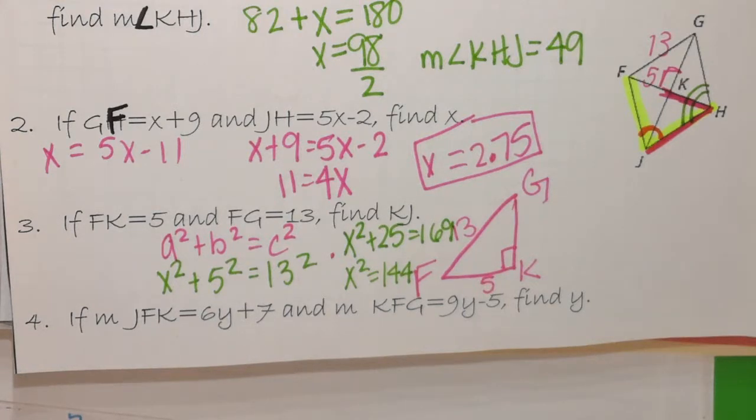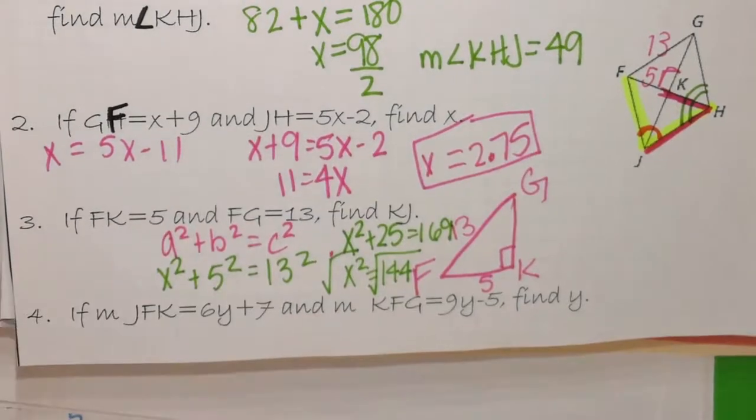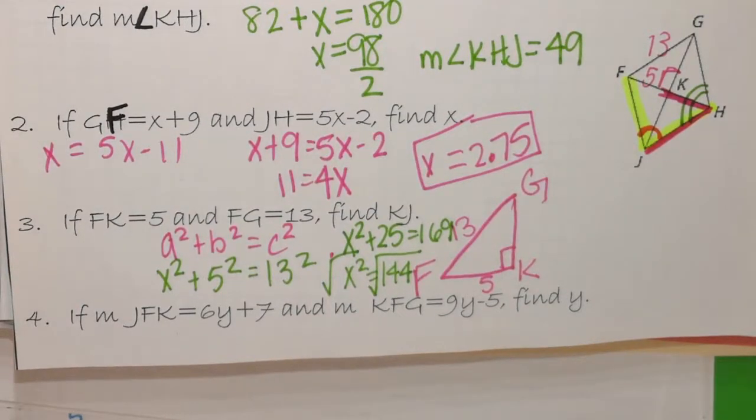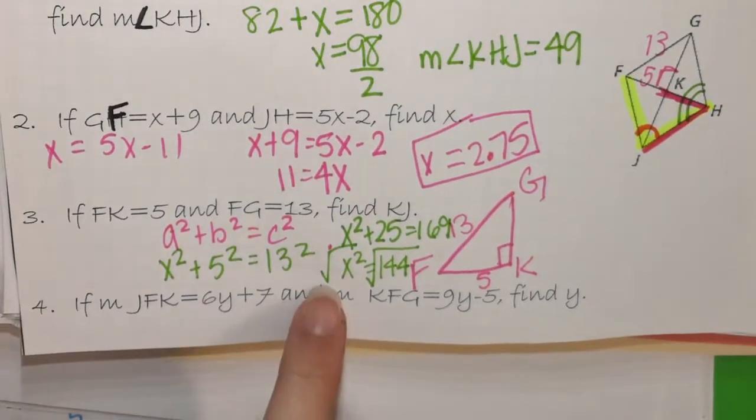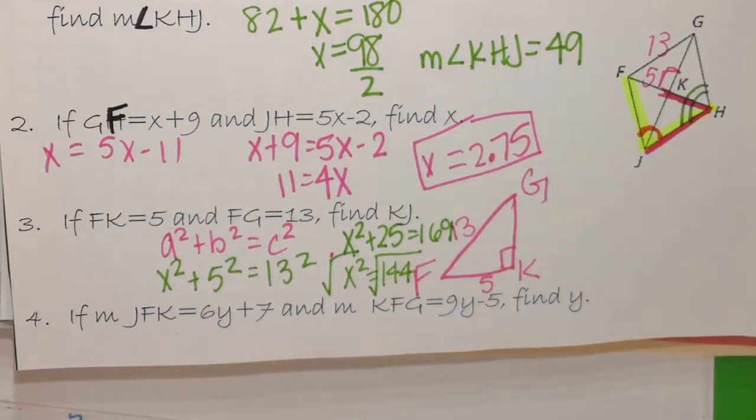How do you get rid of a squared? Square root. Take a point. If you don't know what the square root button looks like on your calculator, it looks like this.